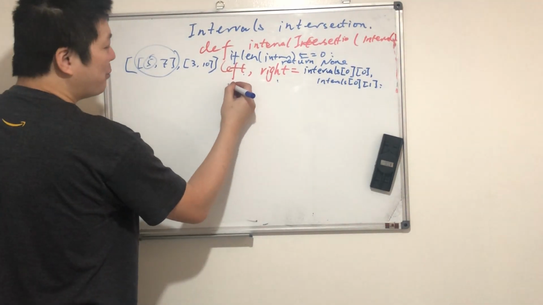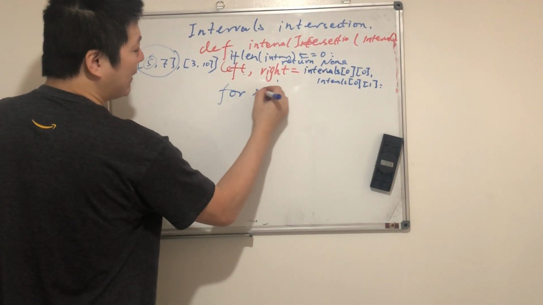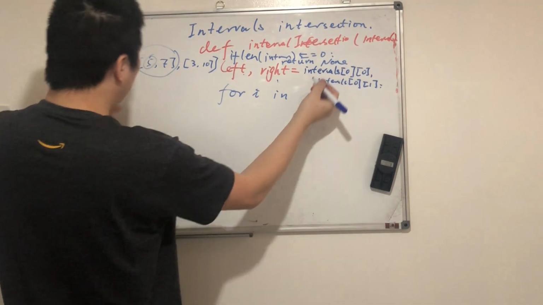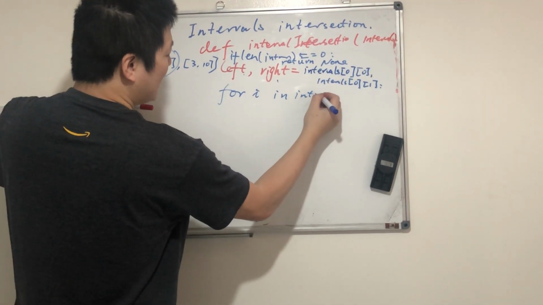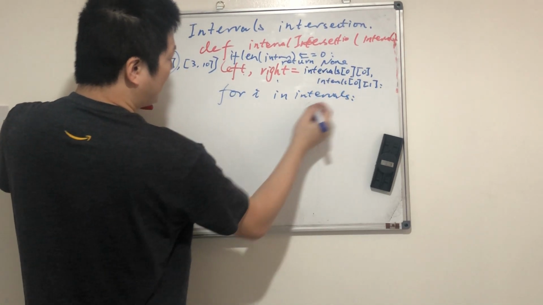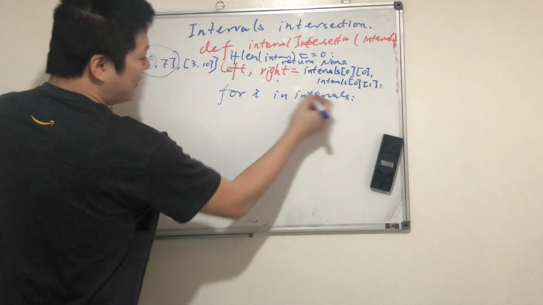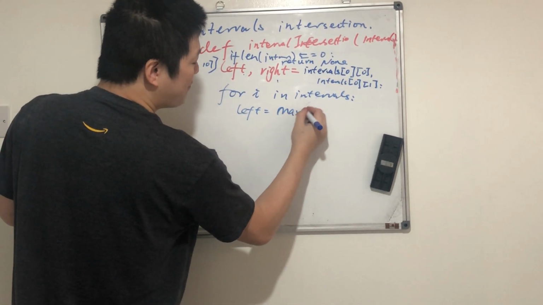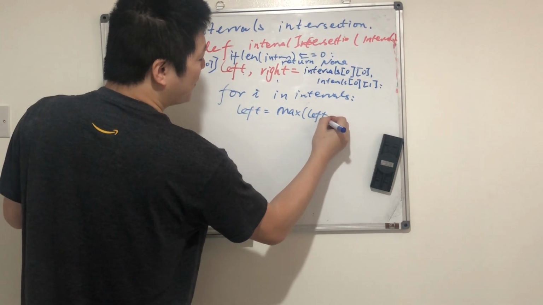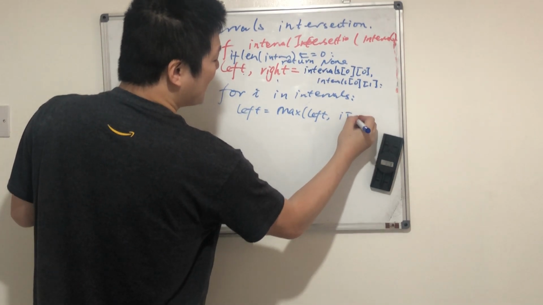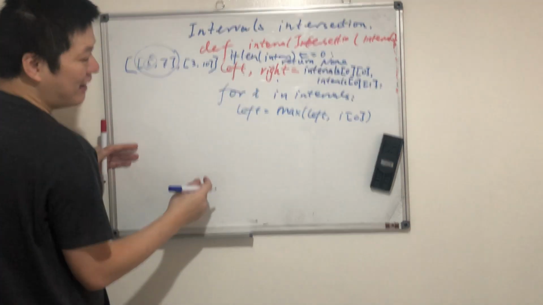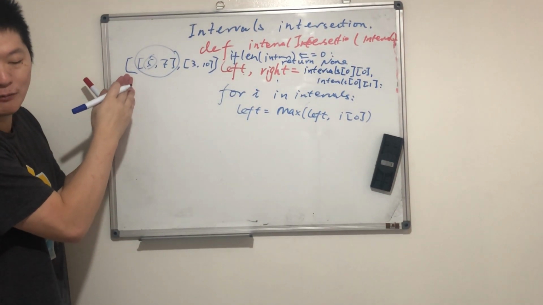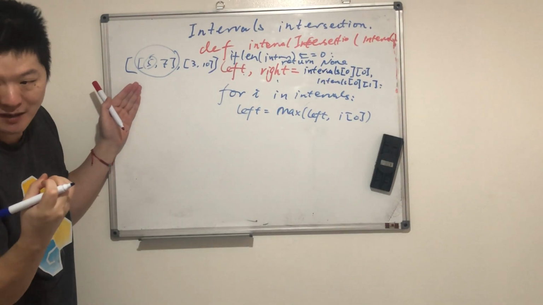And now we loop through the intervals: for i in intervals. Now we're doing left equals max. We want to get the maximum of all the starting points, which is i[0].